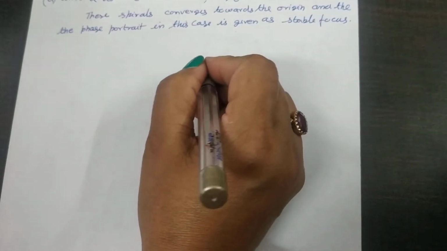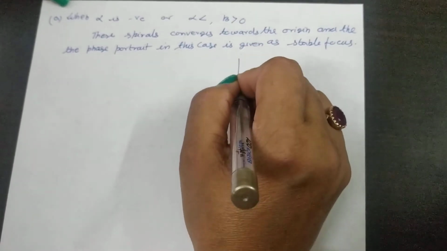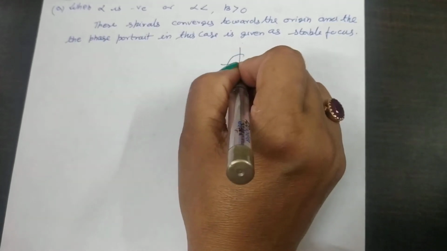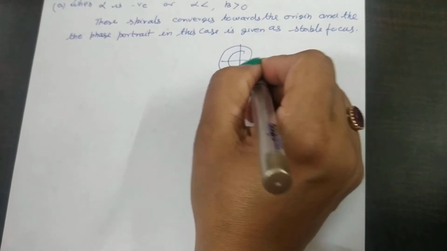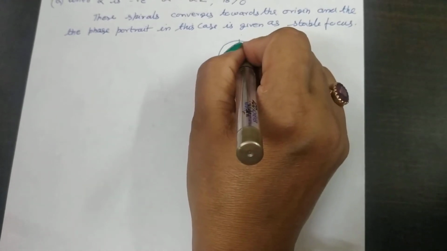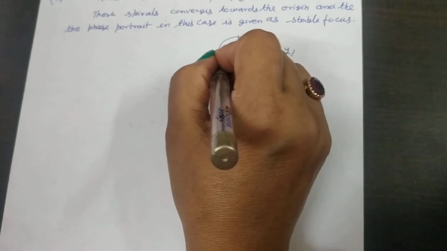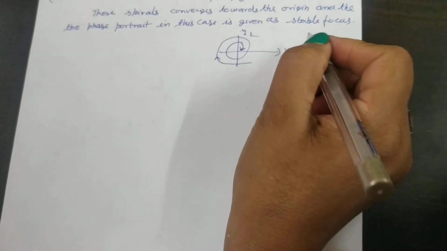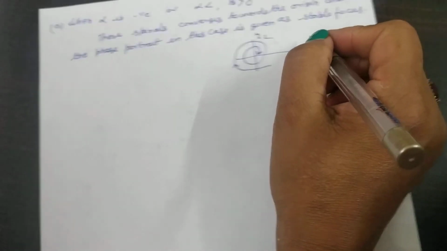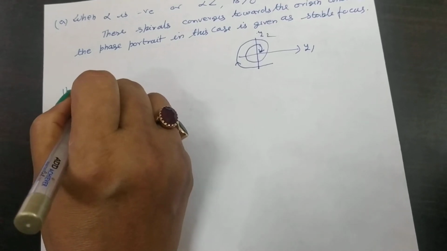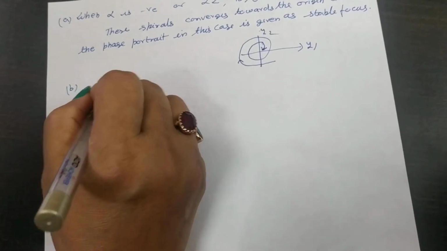The phase portrait can be written like that. This becomes a spiral, and all of these tend to the origin. Here y1, y2.